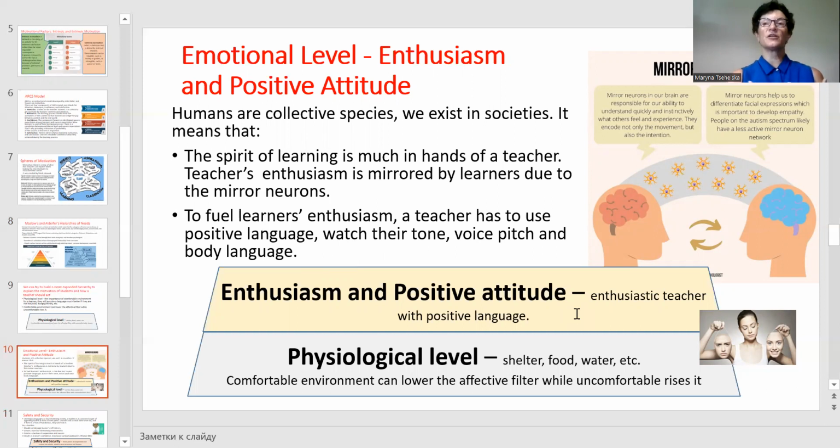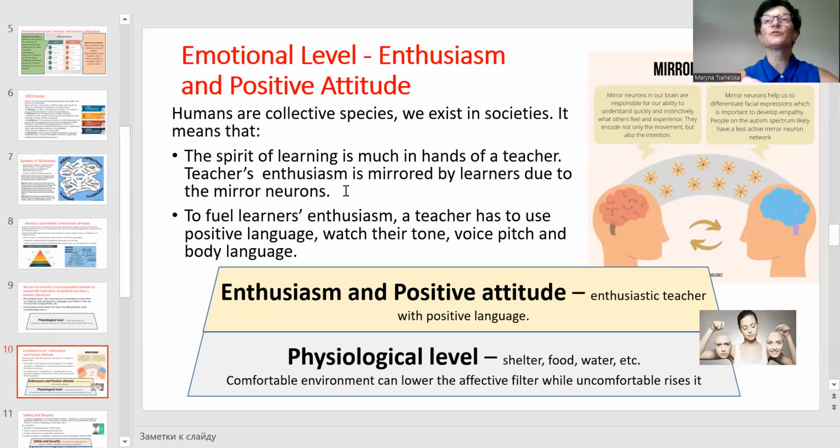So if the teacher is enthusiastic, if the teacher is inspired, and he or she inspires their learners, and if we want to fuel our learners' enthusiasm, we need to use positive language, we need to use a pleasant tone, we need to watch our voice pitch and body language. So enthusiasm and positive attitude are our next step.